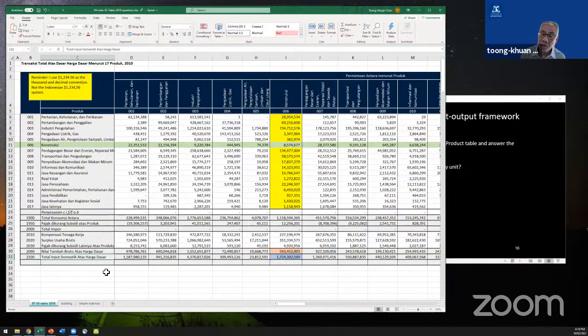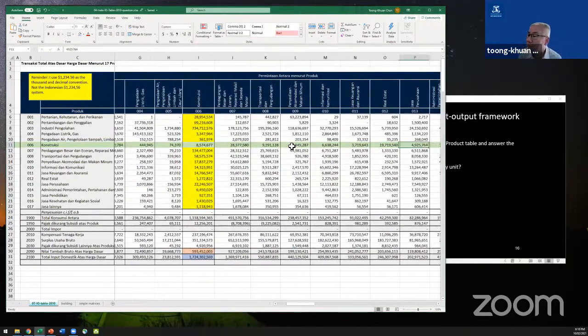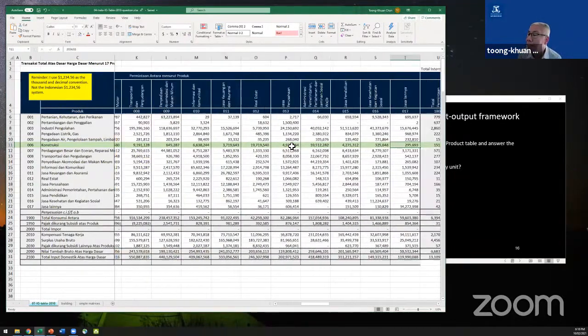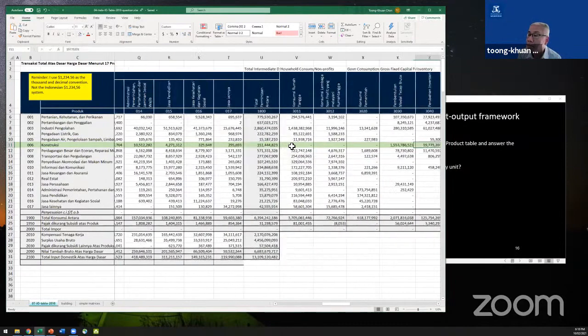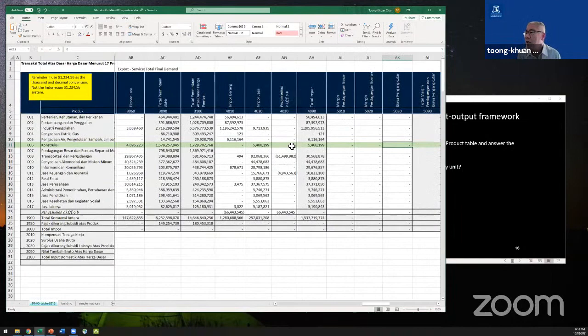That is what we call total input domestic atas harga dasar. That is the total output for construction, because if you then scroll to the end, 1,724 is also the same over here.